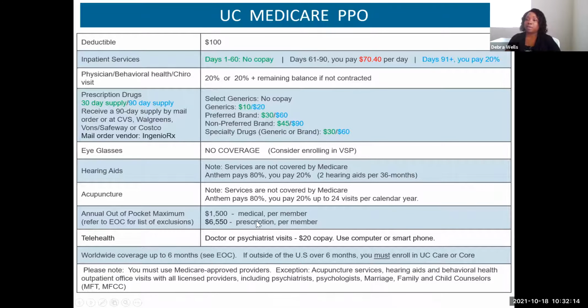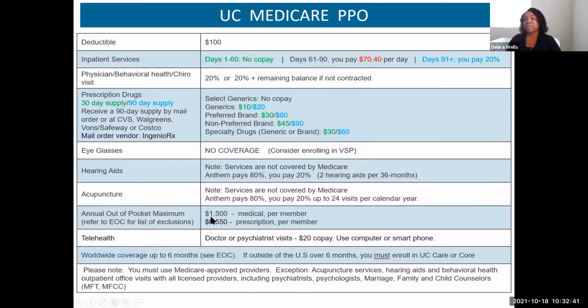Your annual out-of-pocket maximum is listed here. So even though days 61 through 90 at $70.40 per day, or 20% of a stay, may look like a lot that you have to pay, just keep in mind, our UC Medicare PPO plan has a maximum. You will never pay over your maximum in a year.